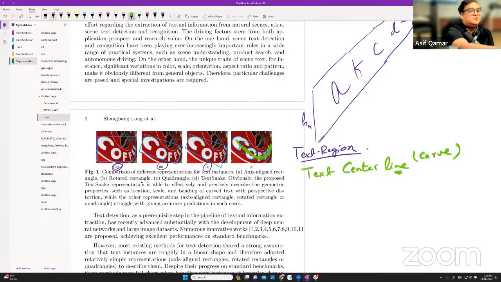So the two things that you try to discover are text region and text center line. You will see references in this paper to these two things, text region and text center line. So what are they focusing on first? They're focusing on text detection and understanding of it. So let's just look at it more carefully.